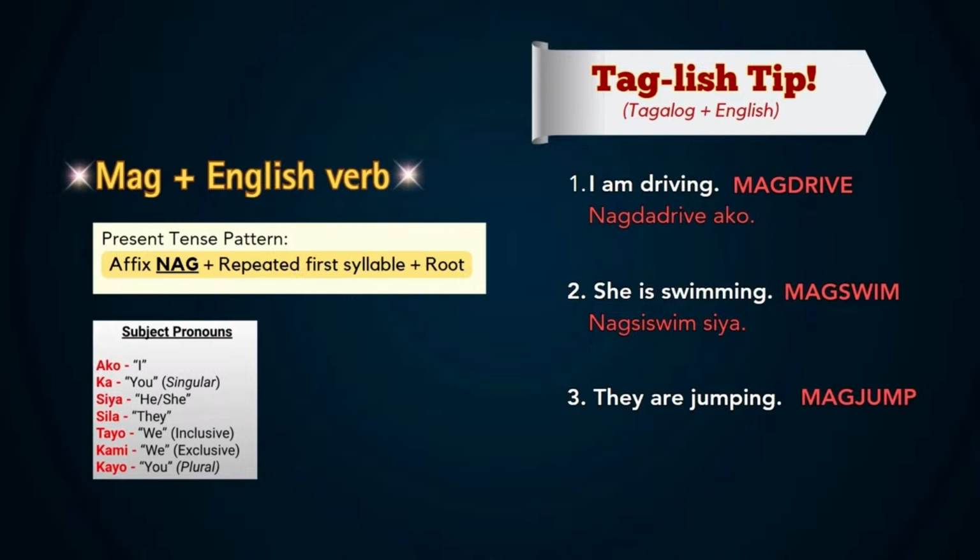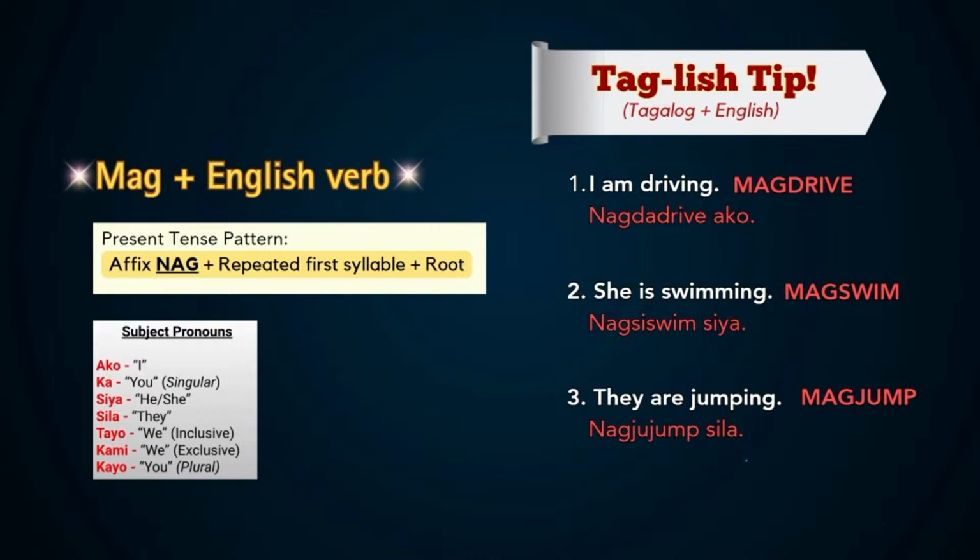What if I told you to use the verb mag-jump? How would you write they are jumping in Taglish form? In Taglish, you could say, nag-jump sila. They are jumping. Nag-jump sila. So the affix is nag, then there's the repeated first syllable or sound, and then the root.